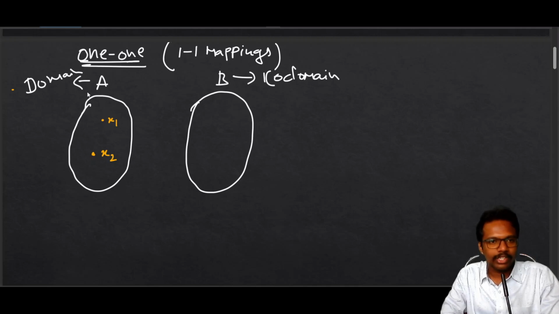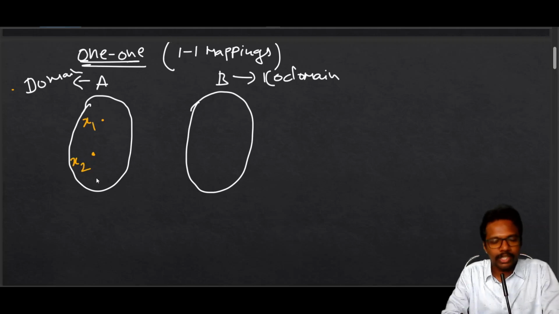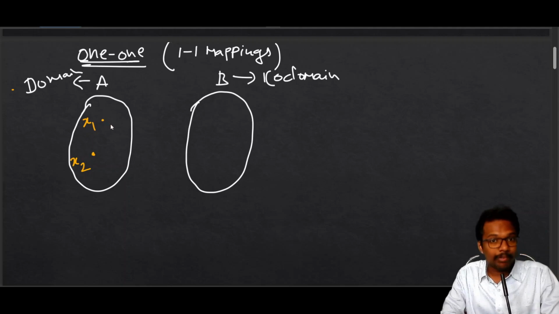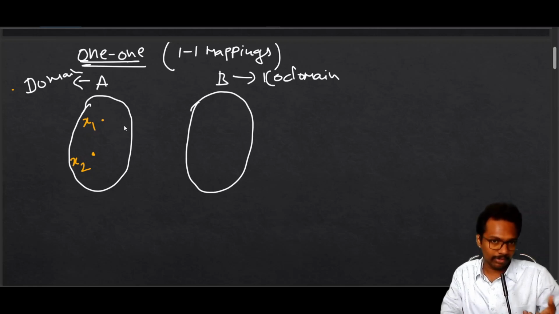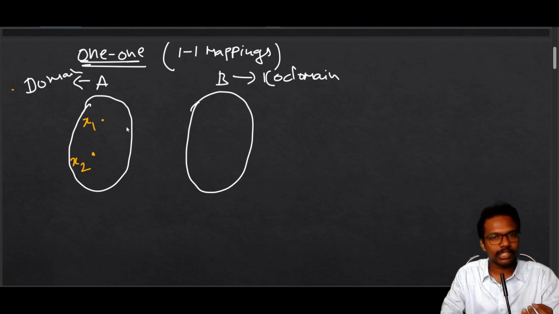Every element of A should satisfy the definition of a function, because only if the given f satisfies the definition of a function can we verify one-one. If the question has given an f, then the given f is definitely already a function. The function definition says every element of A has one and only one image.